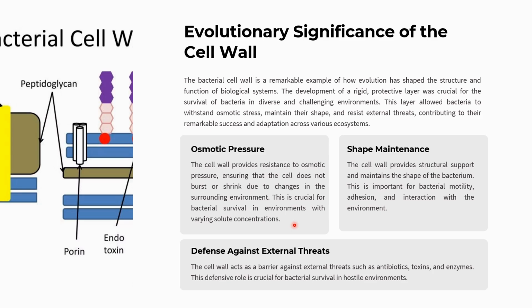To prevent such a catastrophic osmotic burst, bacteria have evolved the ability to synthesize, secrete, and maintain a cell wall. This semi-rigid structure encases the cell membrane and provides several critical functions, like structural support.